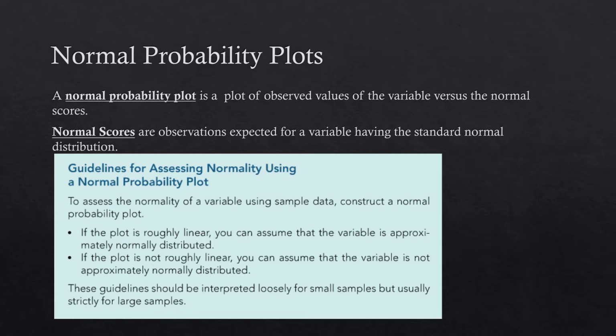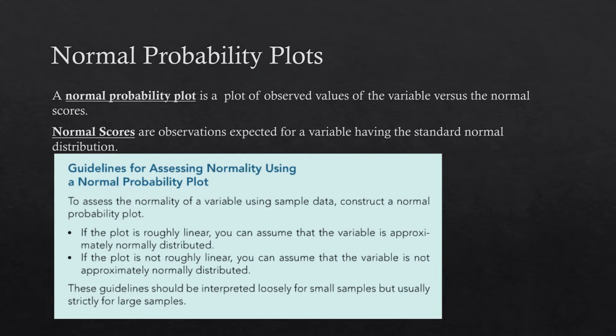So basically we're going to plot those on an x-y axis, and if the plot comes out linear, well, it's approximately normally distributed. If it does not come out roughly linear, you can assume that it's approximately not normally distributed. The smaller the sample, the more loose you can be on that guideline, but usually it's very strict for large samples.